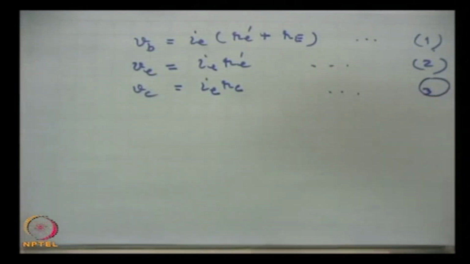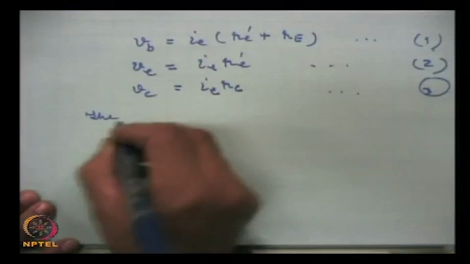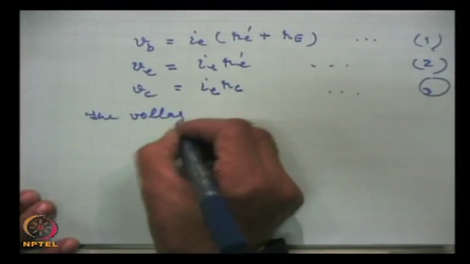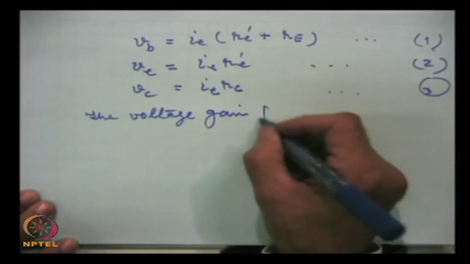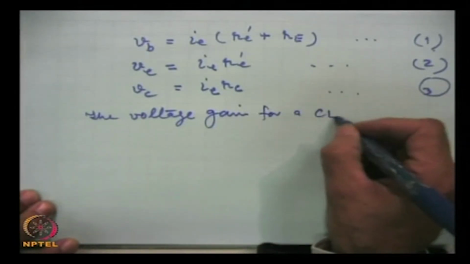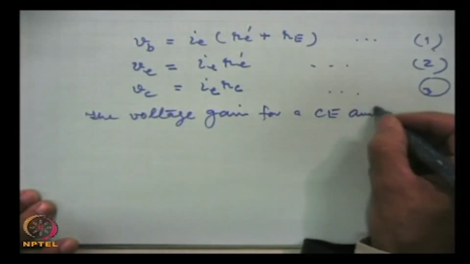So, these are the 3 voltages, and once we know them, then we can find out the value of performance parameters of the amplifier. First we write an expression from these equations, it is very simple to get the voltage gain for a common emitter amplifier, CE amplifier.